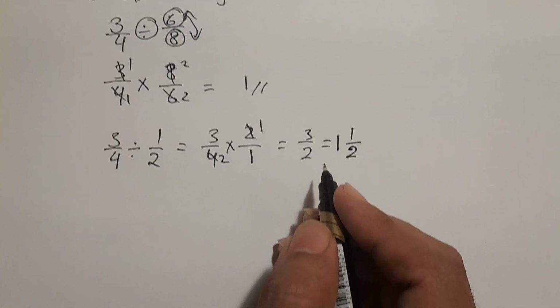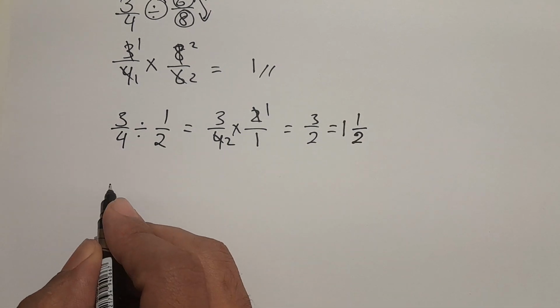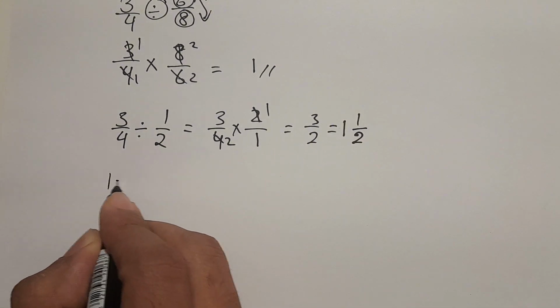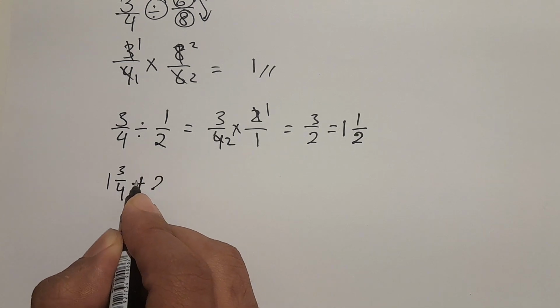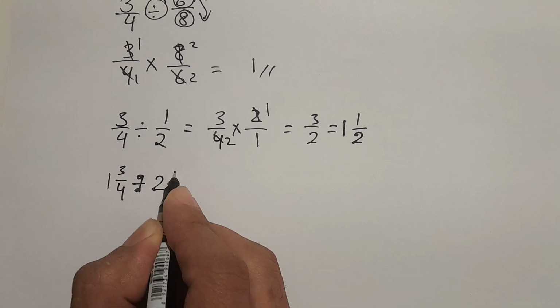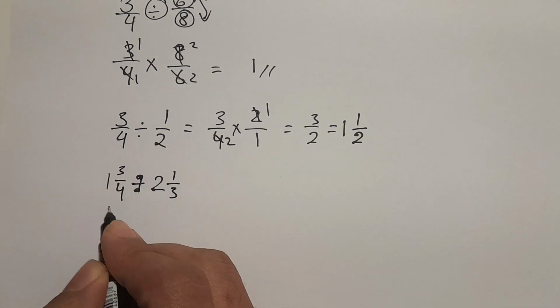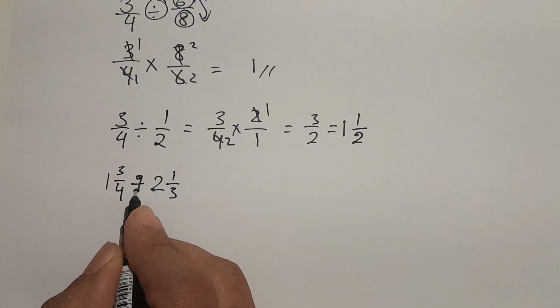Another example for dividing fractions is 1 and 3 over 4 divided by 2 and 1 over 3. First we will convert the mixed fractions into improper fractions, then we will convert the division sign.